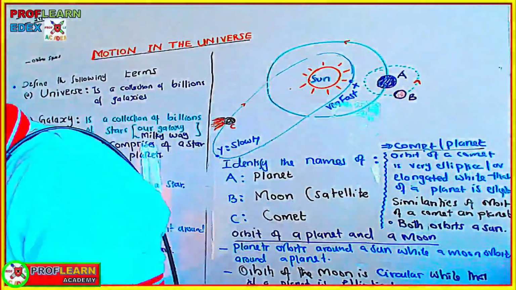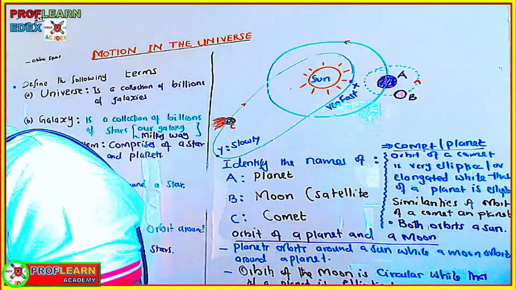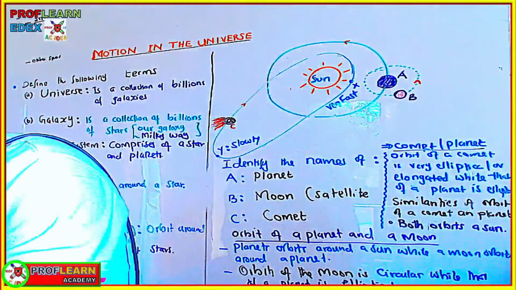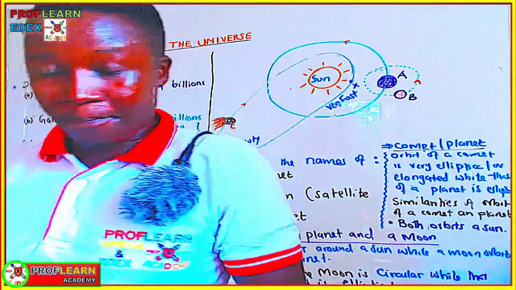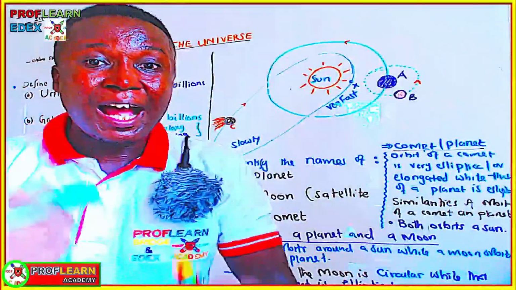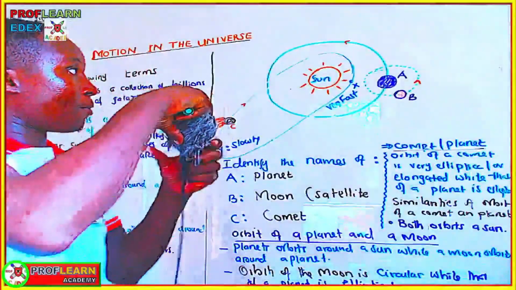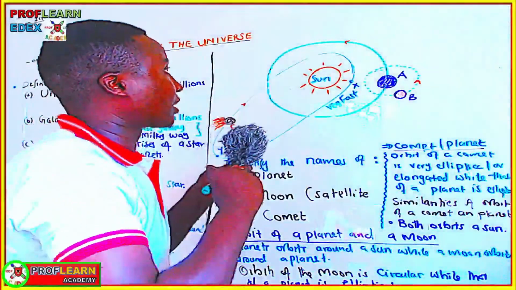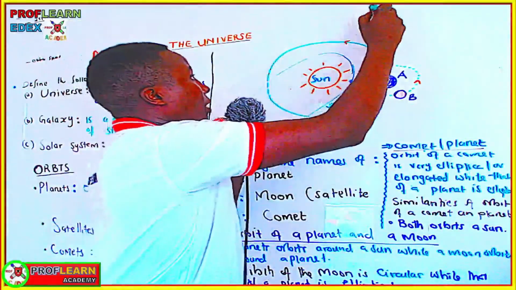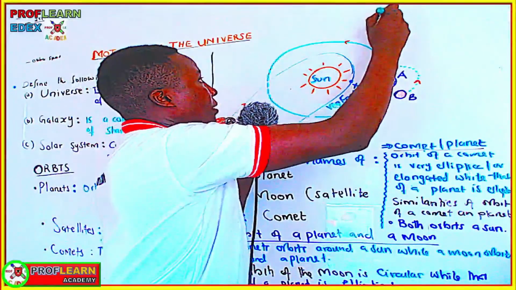Another thing I need to mention, you may be asked in your exam, is a question to do with orbital speed. How fast is this object moving around its orbit? So we're going to say orbital speed.